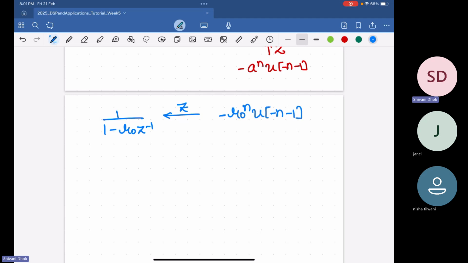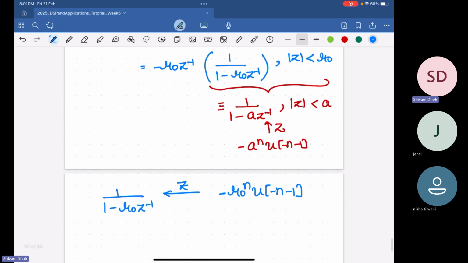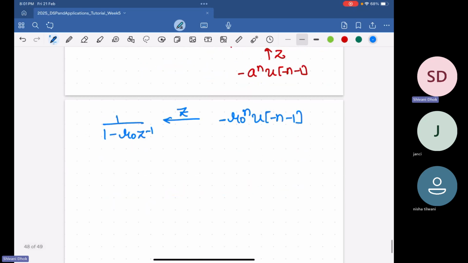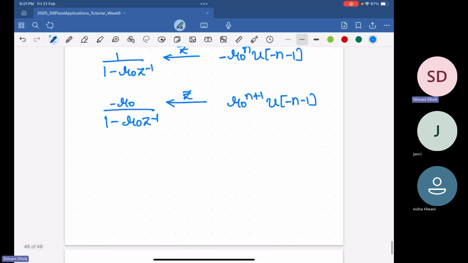Now I can take into account this minus R0. So minus R0 upon 1 minus R0 z inverse has inverse z transform as R0 to the power n plus 1 into u of minus n minus 1. Along with that, I have a z inverse here.